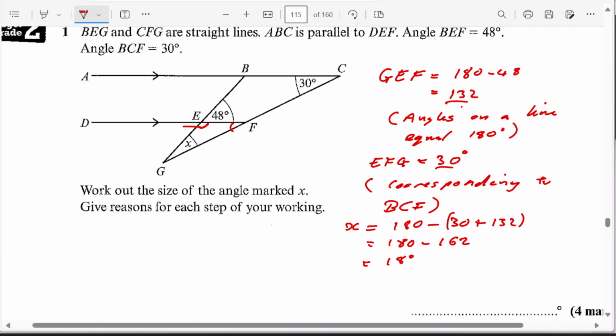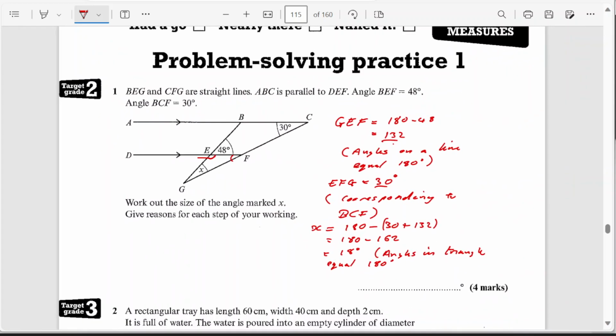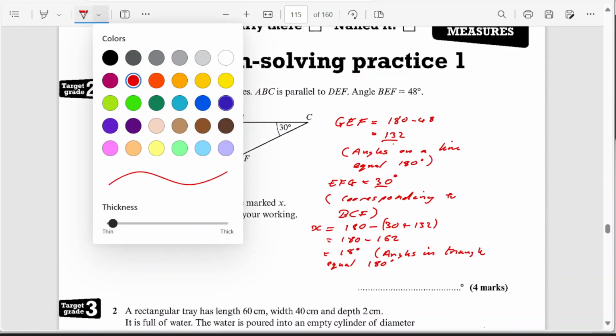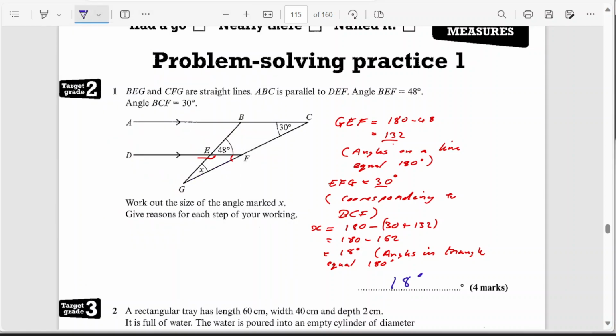And the reason for that is angles in a triangle equal 180 degrees. Right, I'll zoom out now, and I'll put my answer on the answer line, 18 degrees.